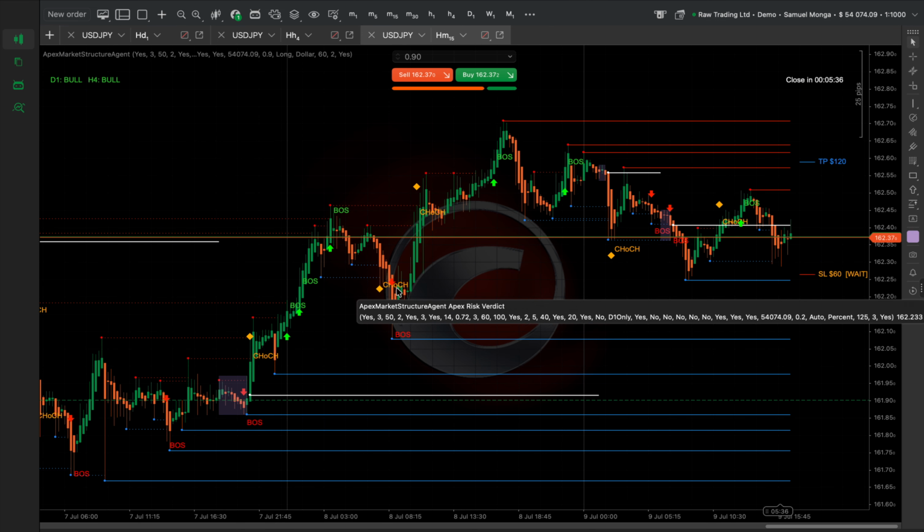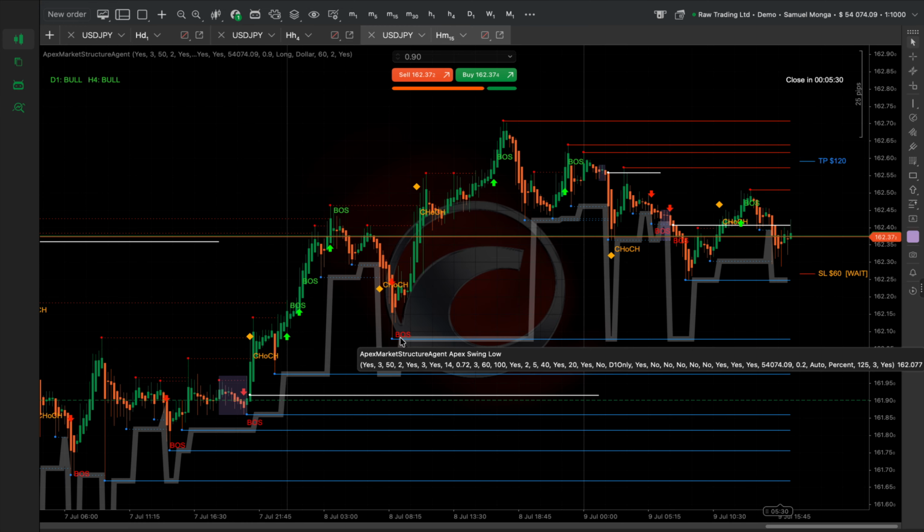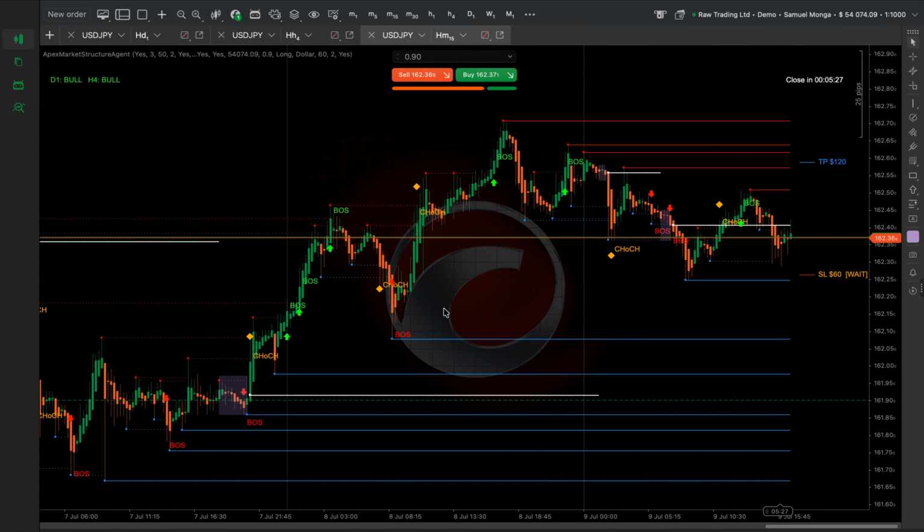Soon this one is going to change character, is going to change side. And when the BOS appears, you have another full confirmation that now we are moving. And then you have your better entry, and then you move.